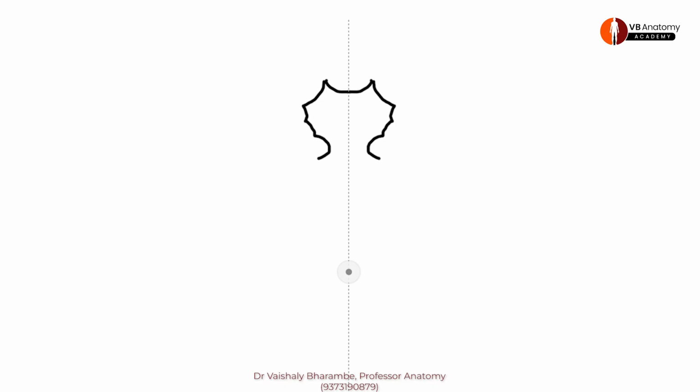This is for the second rib, the third rib, the fourth rib, the fifth rib, the sixth, seventh, and this is a xiphoid process. These are the two joints. Okay. Now, let's quickly color them.